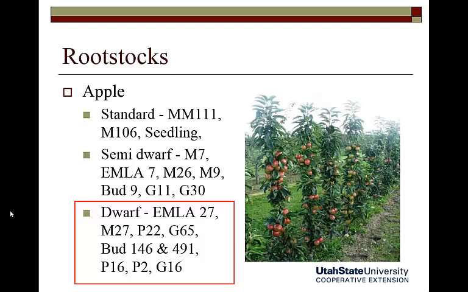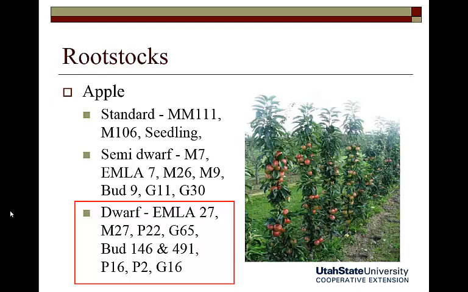In the picture right here, this is some of the new things that you're seeing coming out on the market. These are called columnar, or what's the other term? Columnade apples. And instead of it being the rootstock with these, it's actually the variety. So it's a mutation, a spur type that somebody has come across out in the research orchard or wherever, and these apples will get about 6 feet tall.